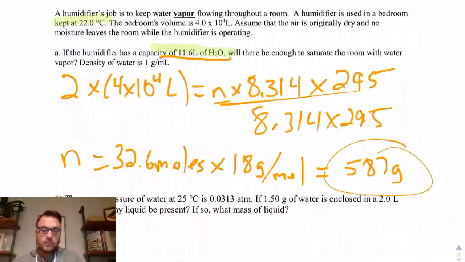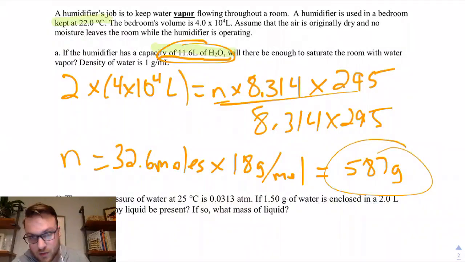The humidifier has a capacity of 11.6 liters, which is 11,600 milliliters. And since the density of water is 1 gram per milliliter, that's also 11,600 grams.